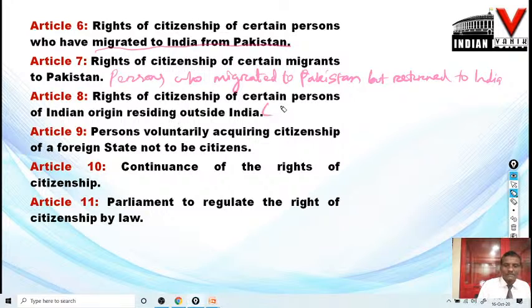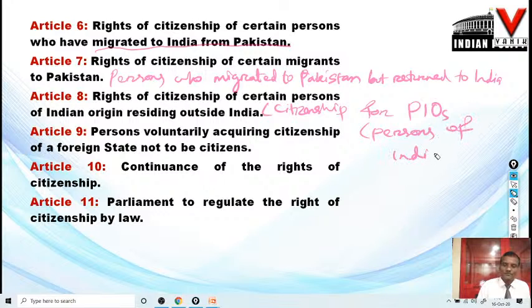And citizenship for PIOs, that is persons of Indian origin, PIOs. Got it?